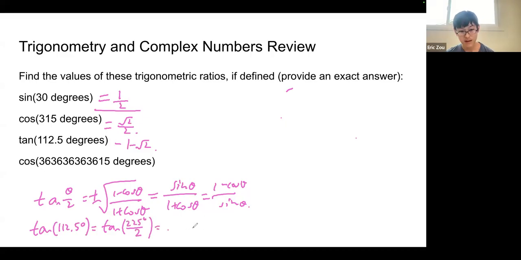You just plug in the numbers. 1 minus cosine of 225 degrees is 1 minus negative root 2 over 2. This one's negative root 2 over 2 as well. You multiply 2 on the denominator and on the numerator. This is root 2 over root 2 plus 2, which is 1 plus, negative 1 minus root 2.